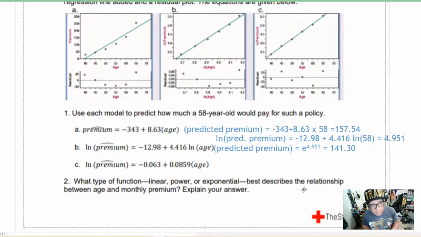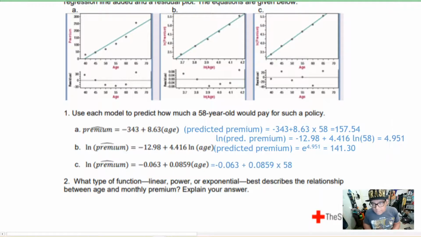Now our third model would be the natural log of the premium is equal to -0.063 plus 0.0859 multiplied by the age. There's only one natural log in this one. In this last model, we get the natural log of the premium is going to be equal to -0.063 plus 0.0859 multiplied by 58, which equals 4.9822.